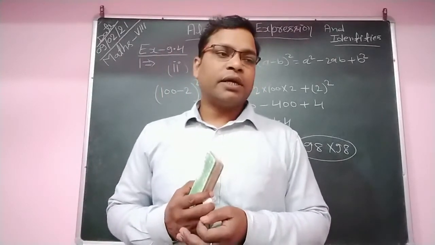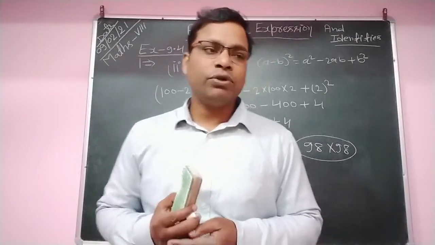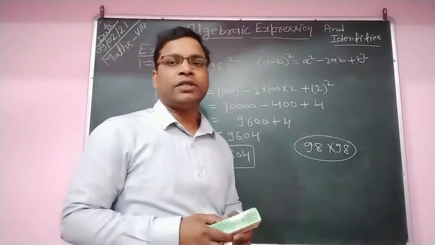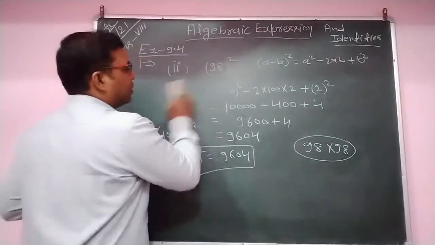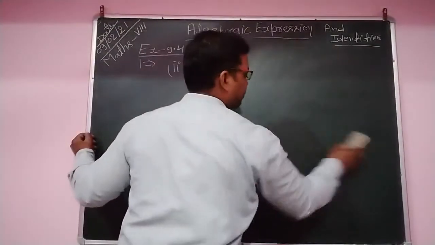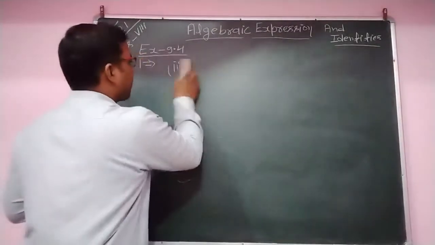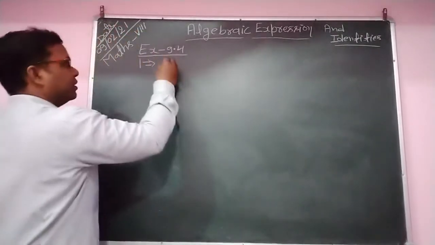The third part of this question is 194 into 206. So let's see how to evaluate the third part. Now this is question number 1, part 3.